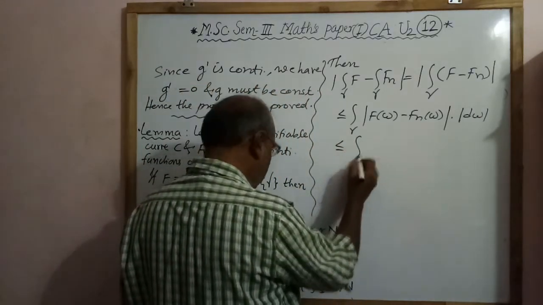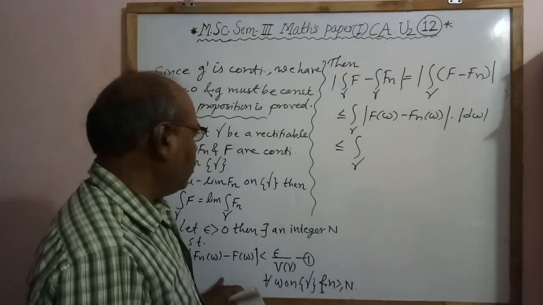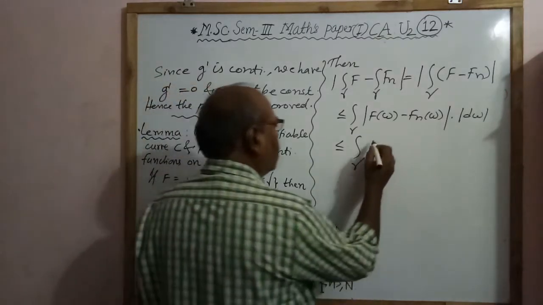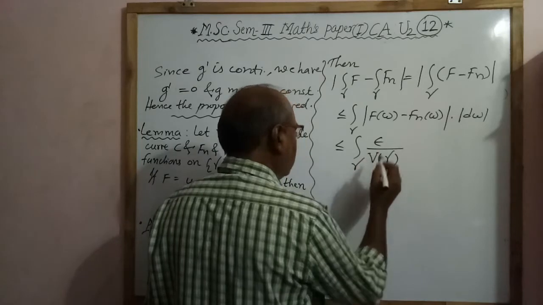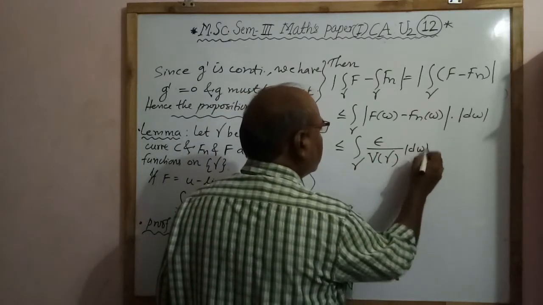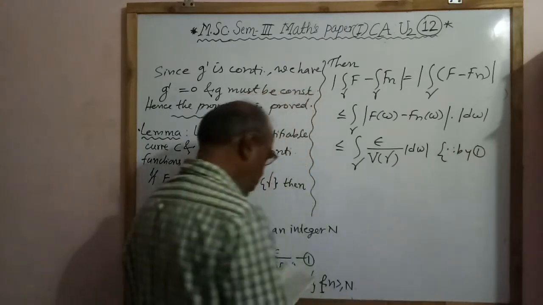Therefore, less than or equal to the integration over gamma. We put the value of this mod from equation 1, that is epsilon divided by the length of gamma, into mod of dw.